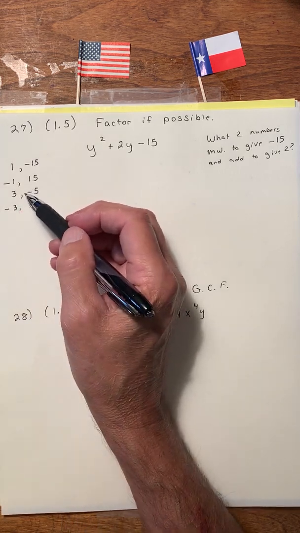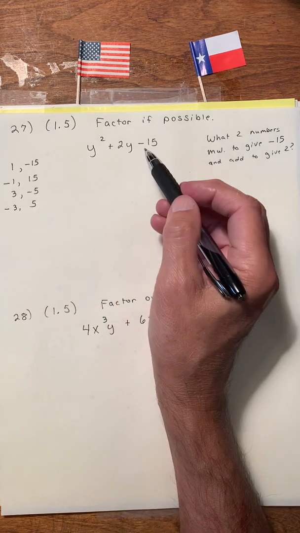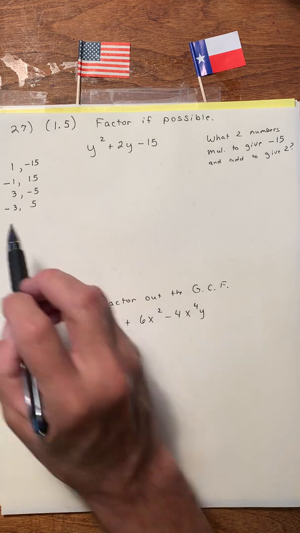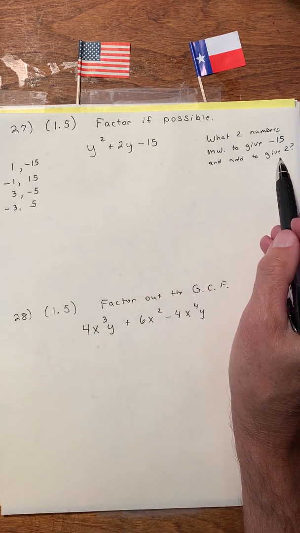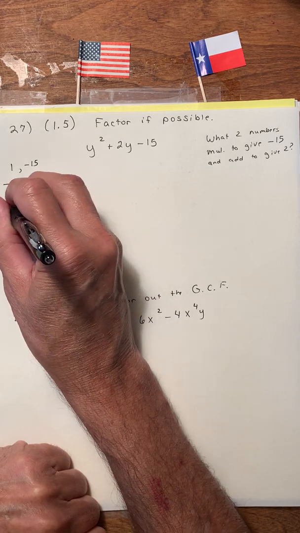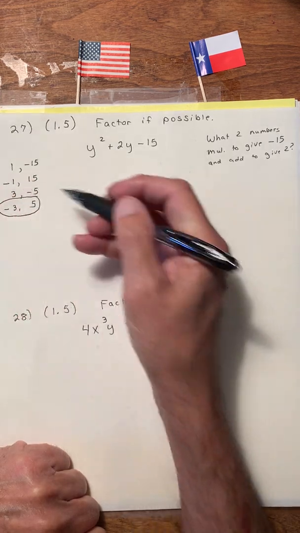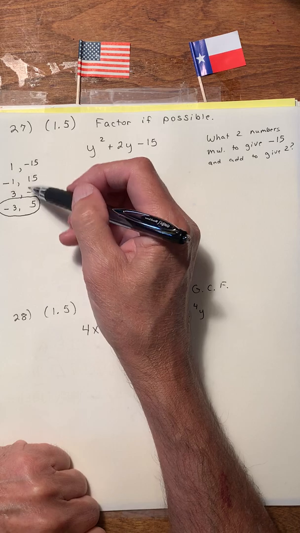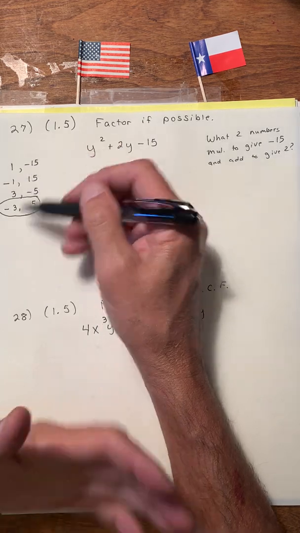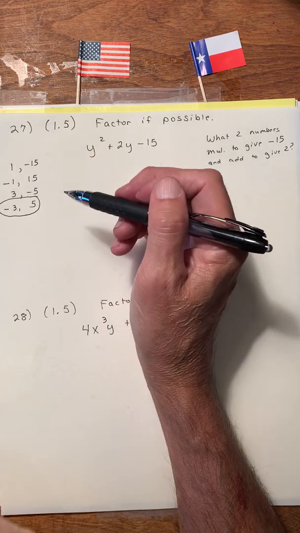Those are the pairs of numbers that multiply to give negative 15. Here's the question. Does one of those pairs also add to give a positive 2? Yeah, that one right there. Now see, it didn't take me long. It took me about 17.3 seconds to write down these 4 possibilities. So write them down. Give yourself that option.